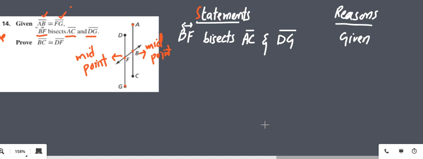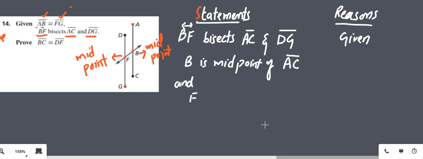This means point B is the midpoint of AC and the point F is the midpoint of DG.